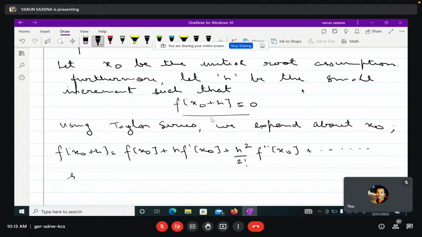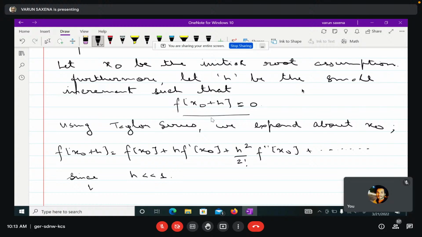Now since h is much less than 1 because it's a small increment, all powers higher than h, meaning h square, h cube, h to the 4 and all those powers, can be neglected.